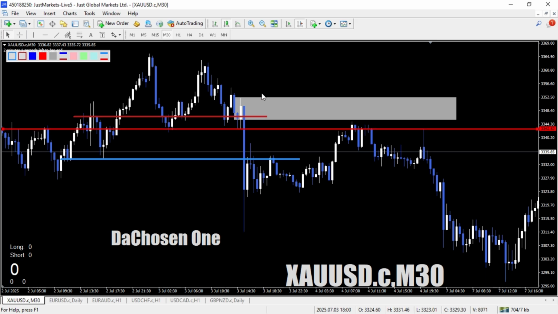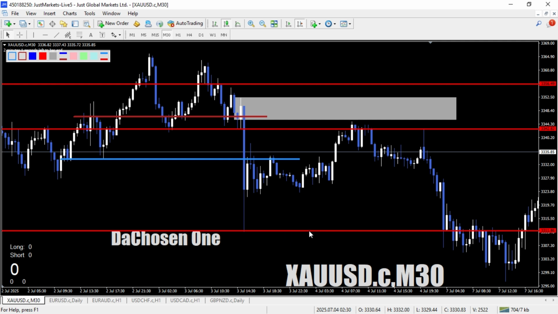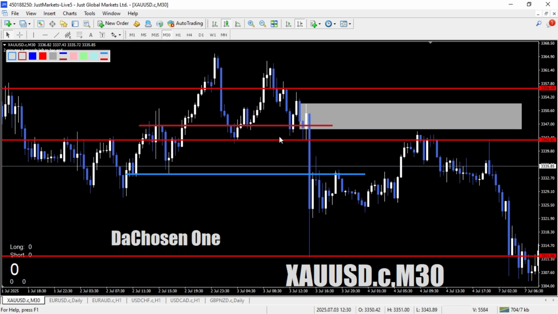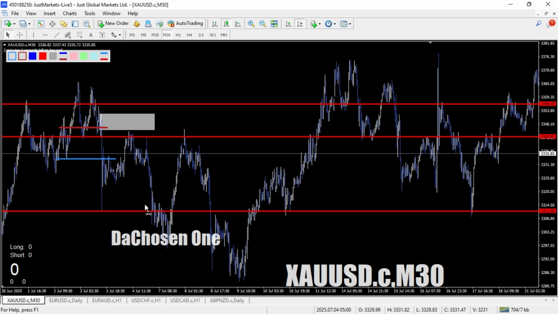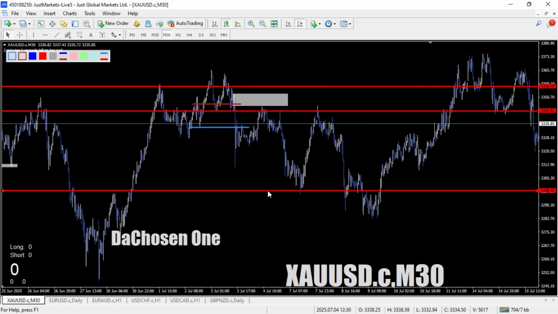Place your orders here, your stop loss maybe here, and then your TP around this area, the last low, or you can place your TP in the next fresh demand area, which is around this area over here.